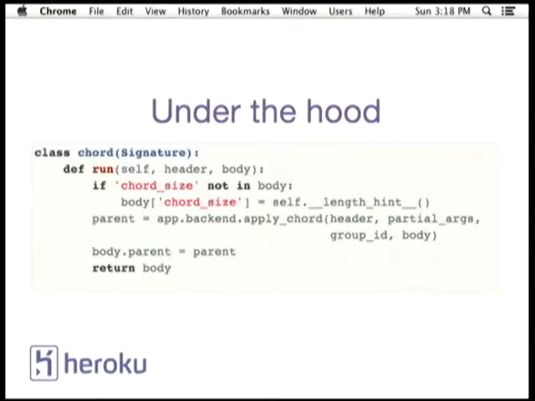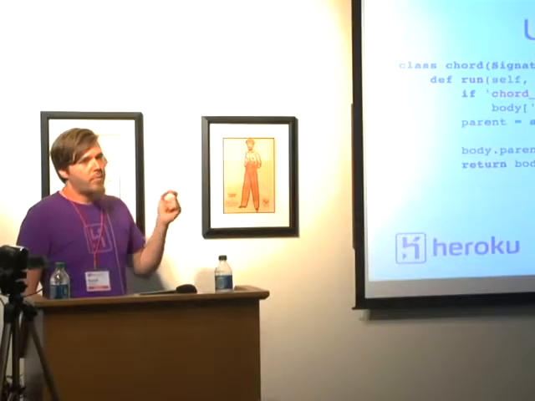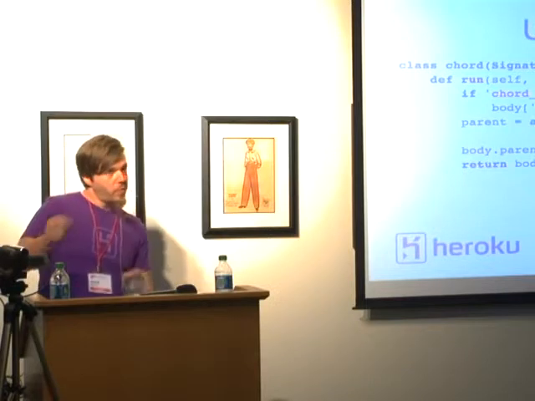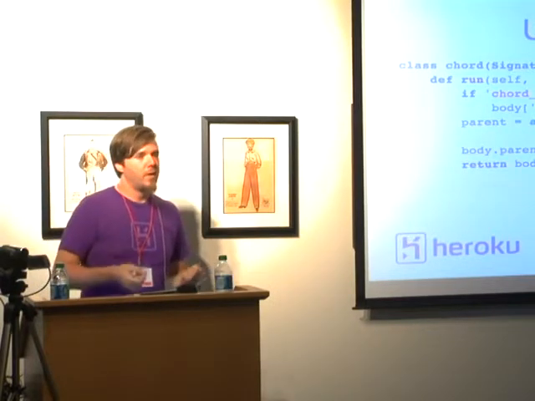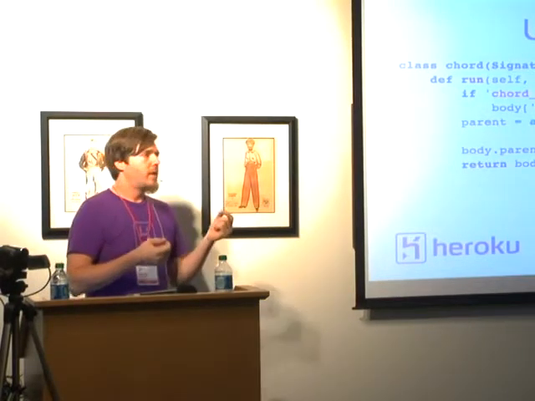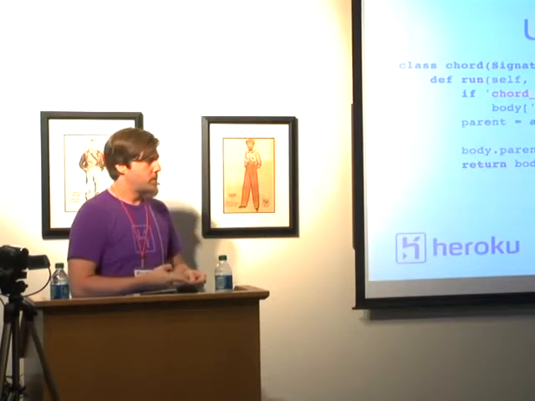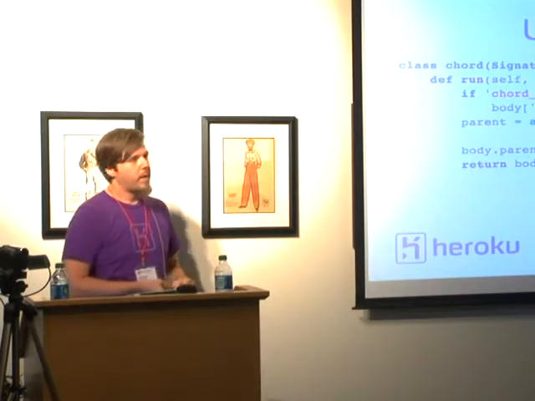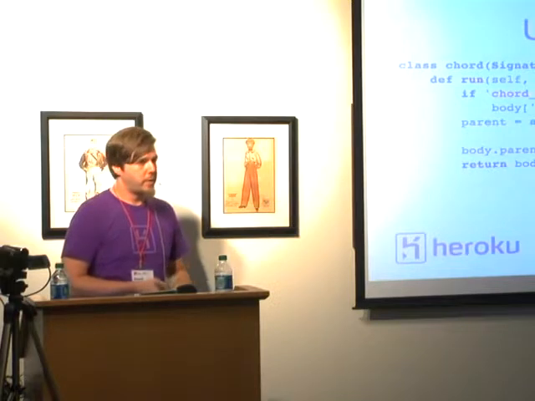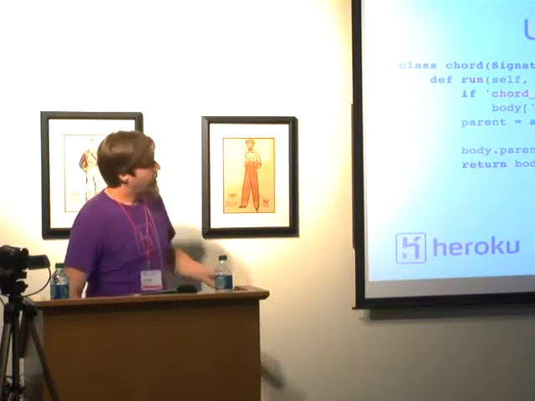The task tracer then, anytime a member of a group which is part of a chord completes successfully, will react in some way based on the backend of the result store that will determine whether or not the chord's callback should be executed at any given point in time.